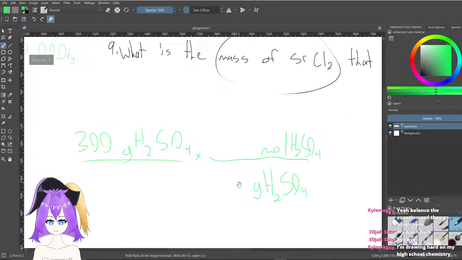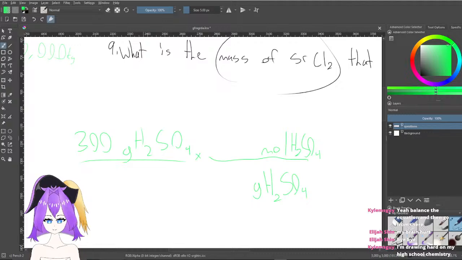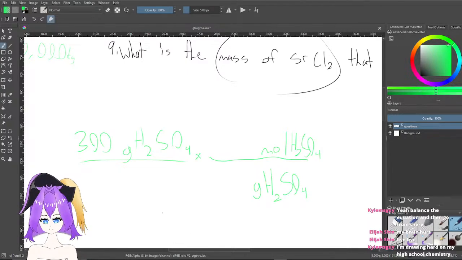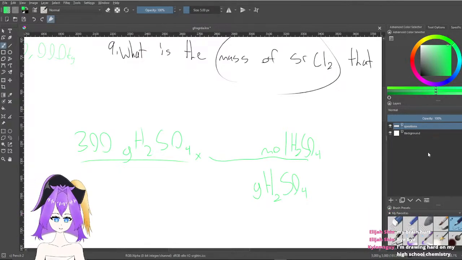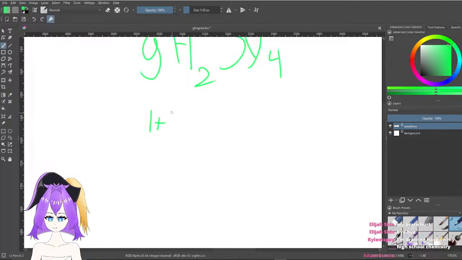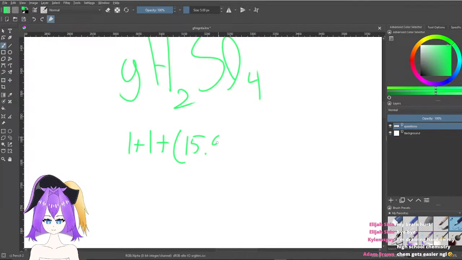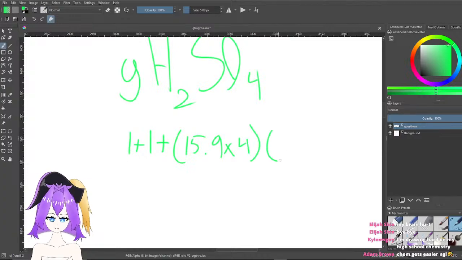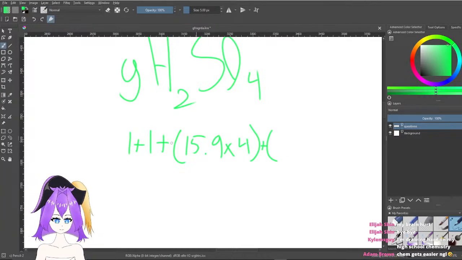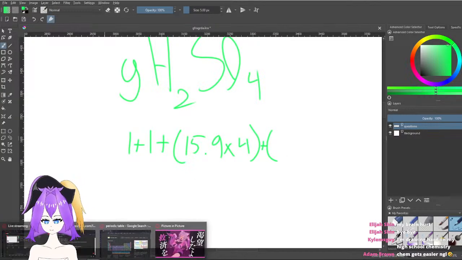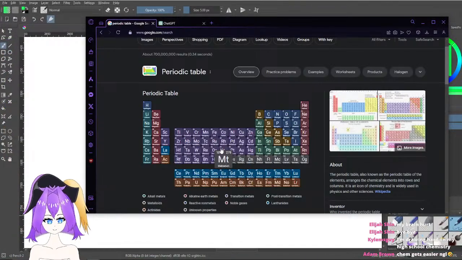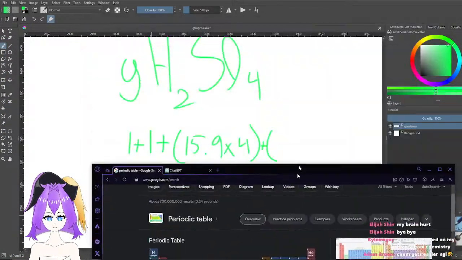Okay, so the molar mass: I'm just gonna treat hydrogen as 1. So it's 1 plus 1 plus, I know oxygen is 15.9 times 4, so that just leaves sulfur. Chemistry isn't honestly that bad, I just find it's a slightly annoying class.